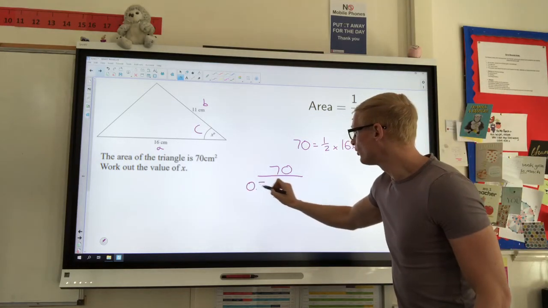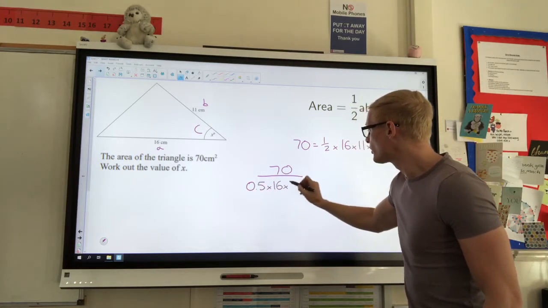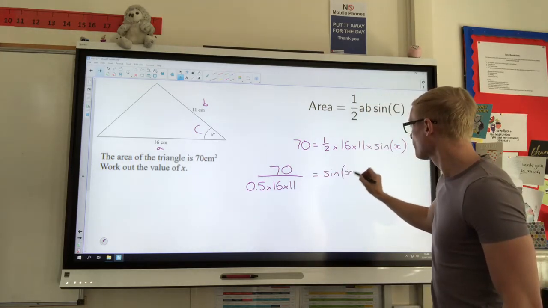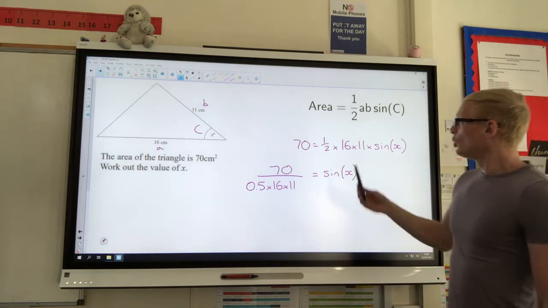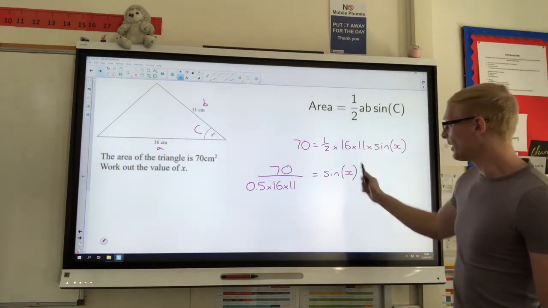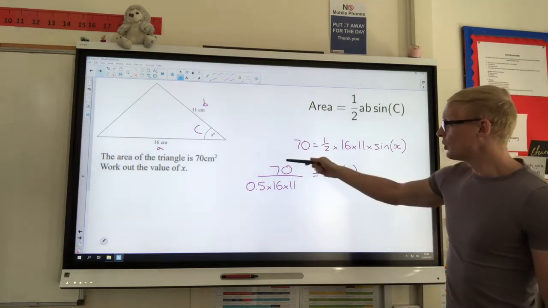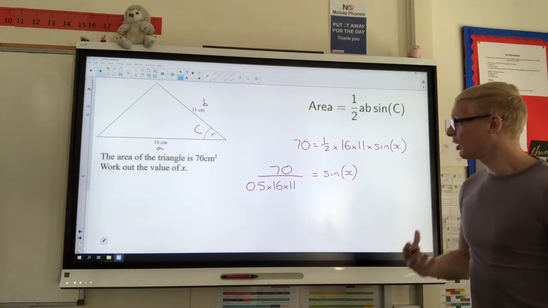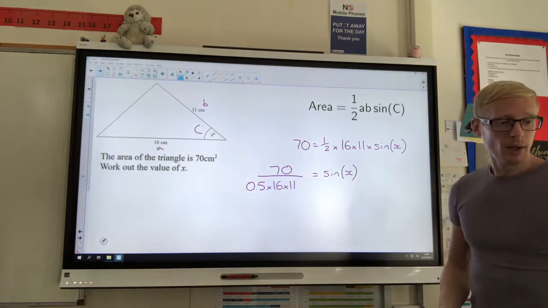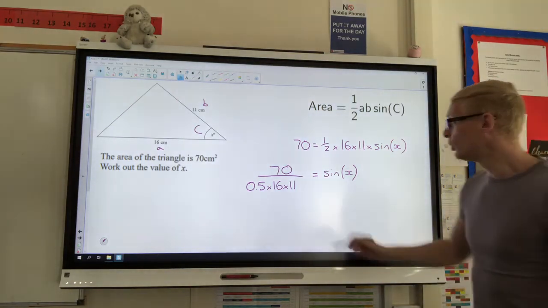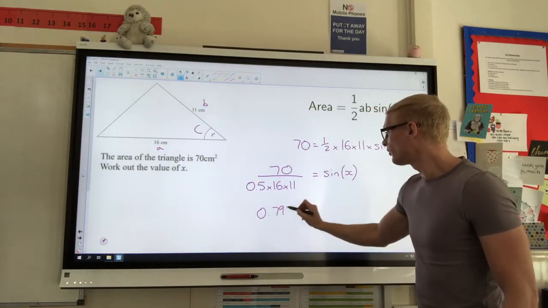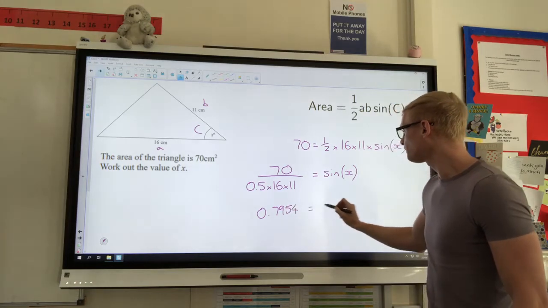So I'm going to write 0.5 times 16 times 11, and that's equal to sine x. That step is really important, the ability to divide by those things to give me sine x on its own. So I do 70 divided by 0.5 times 16 times 11, type that into your calculator, let your calculator do it for you. You'll get 35 over 44, or as a decimal you're looking at 0.7954, something like that.